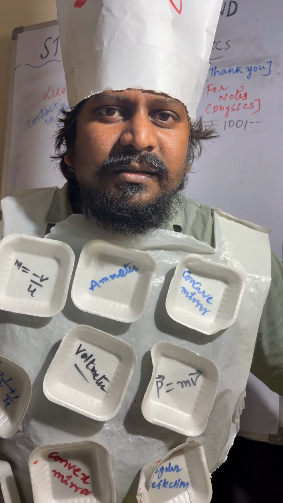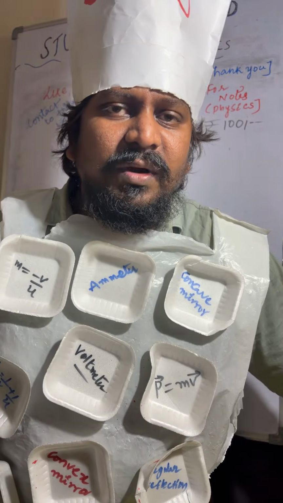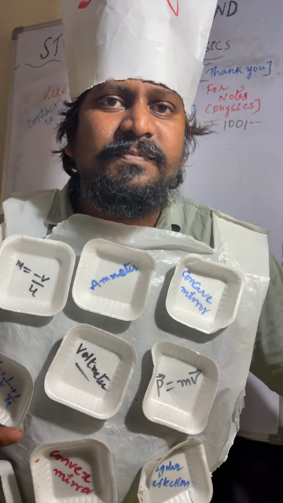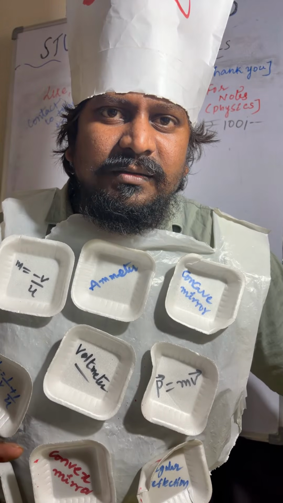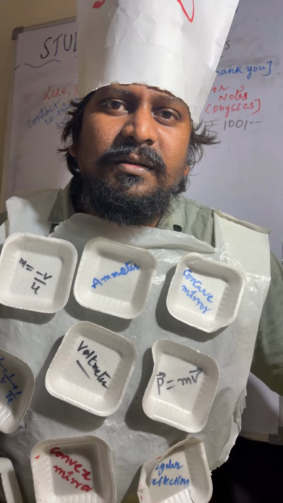After that, dispersion of light, white light when it is passing through the prism, and formation of rainbow by water droplet.